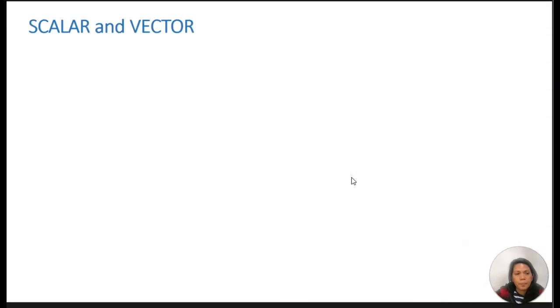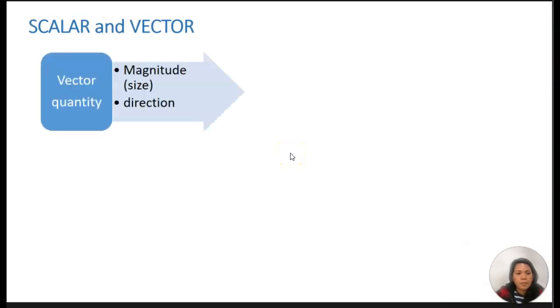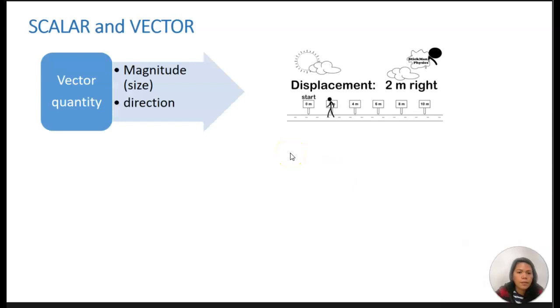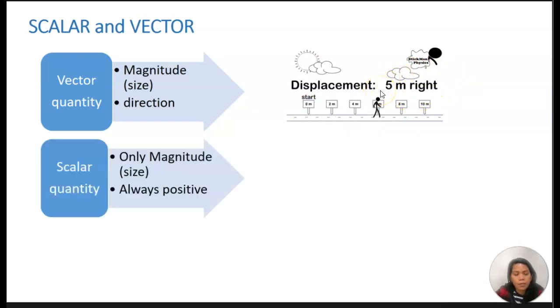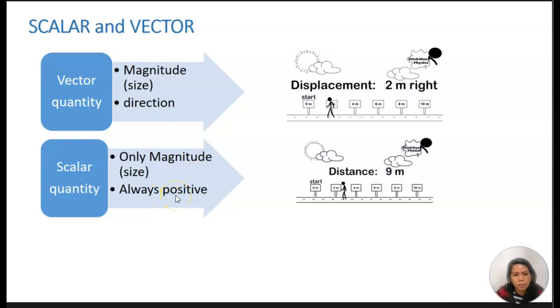This is an example of a vector quantity: displacement. If you look at the stickman, he is moving in this positive direction, and then he's moving back to where he started, so his displacement changes. The scalar quantity, on the other hand, only has size, regardless of direction, so it is always positive.